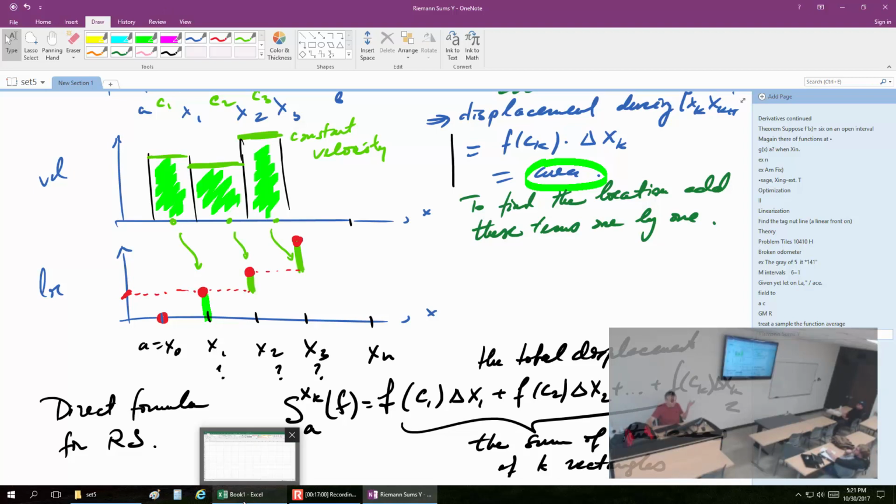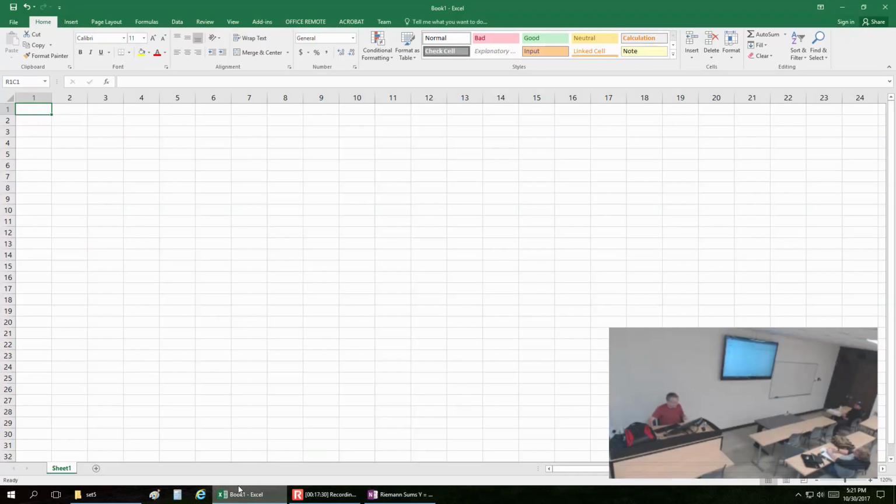Remember, Excel is not as flexible as we are, so the intervals will be of equal length, and the sample points will be chosen to be the right ends of each interval. Let me carry it out from scratch.